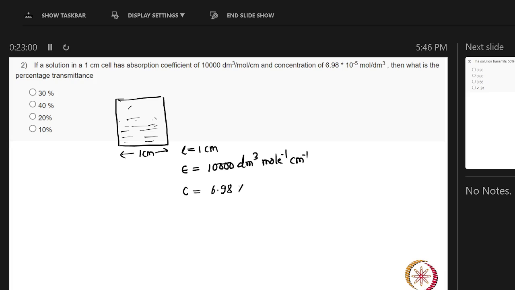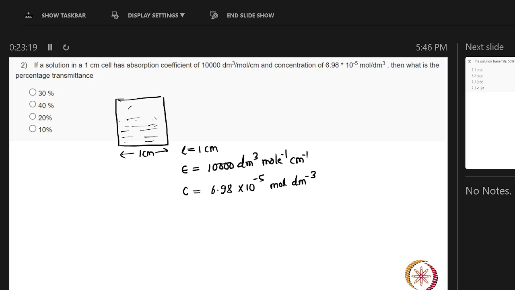6.98 times 10 to the power minus 5 mole per decimeter cube. We don't need to change any of the units because all the units are given in centimeter, decimeter cube per mole.